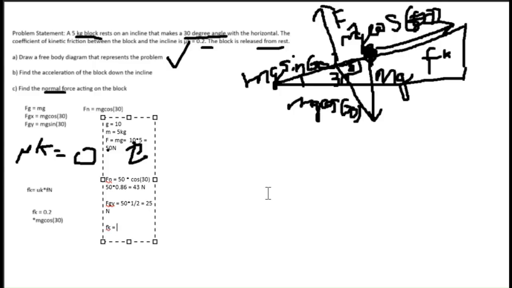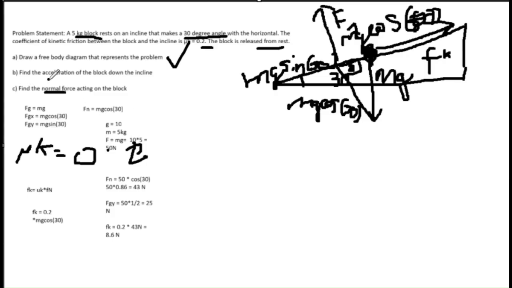So F of K is equal to 0.2 times the normal force, which is equal to 43 newtons. Now, since I don't want to do the math, I'll plug it into my calculator and it will output 8.6 newtons. So we have 8.6 newtons.